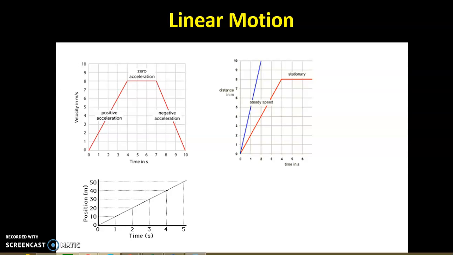Speed is a scalar quantity that measures how fast the body moves, whereas velocity takes direction into account as well and measures how fast they're going and in what direction. This allows for acceleration and deceleration to be shown using distance time graphs, acceleration time graphs and velocity time graphs as well.